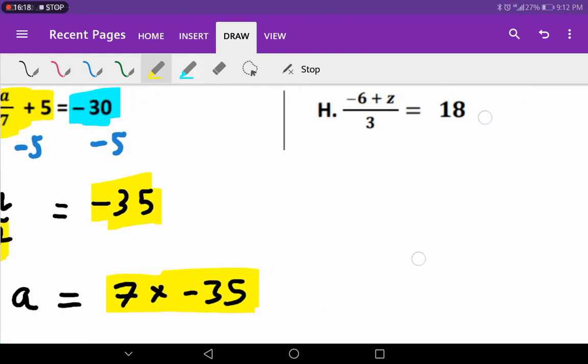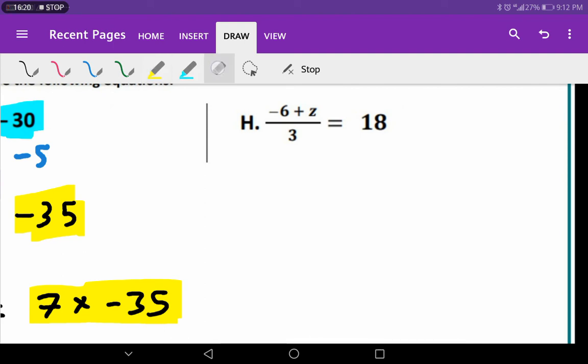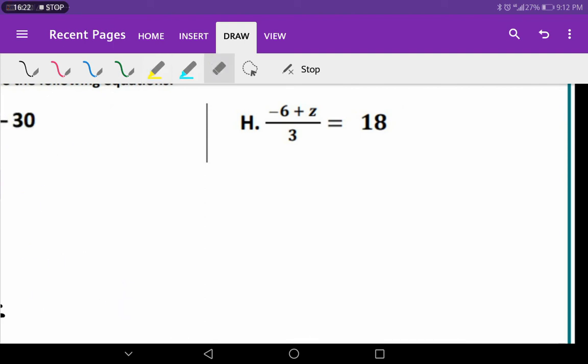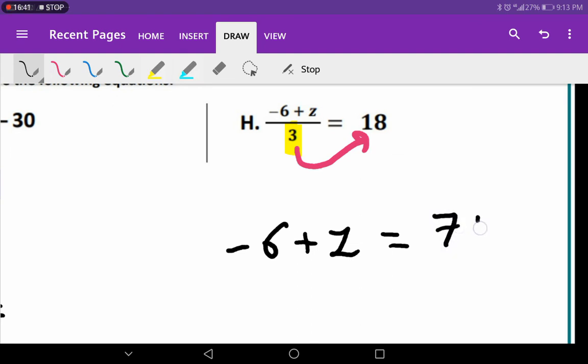What about this one? Directly we multiply the 3 by the 18. So negative 6 plus z equals 74.